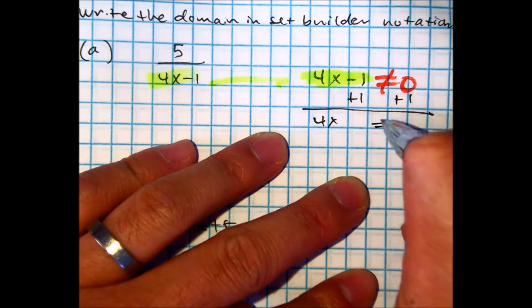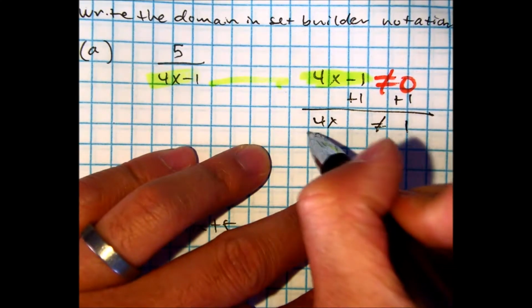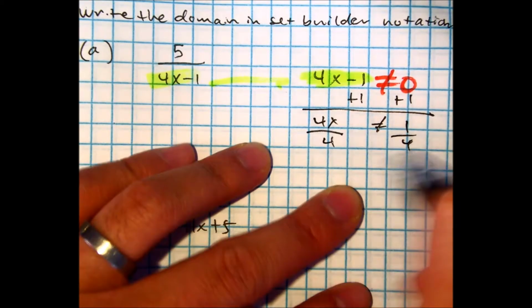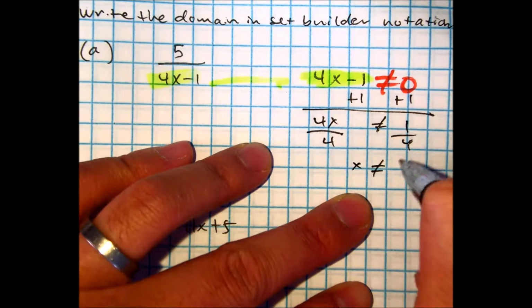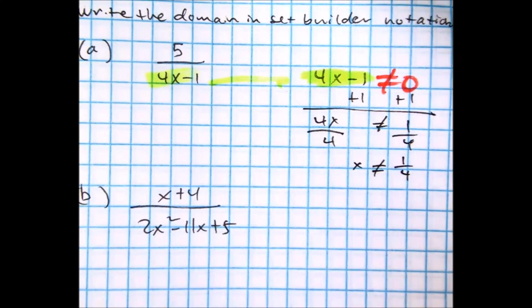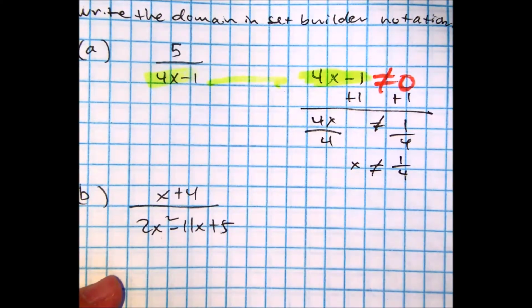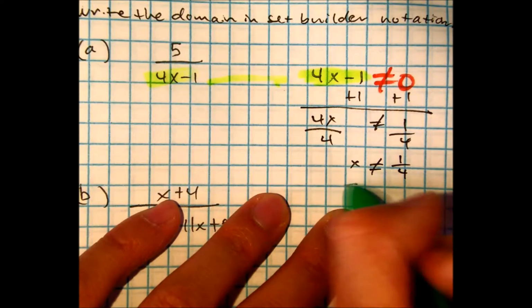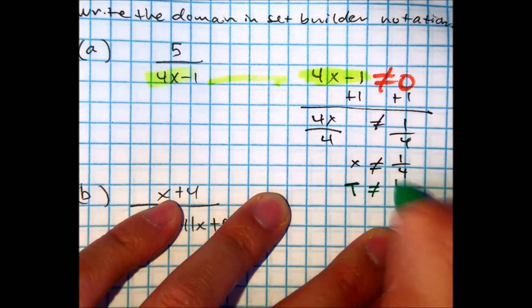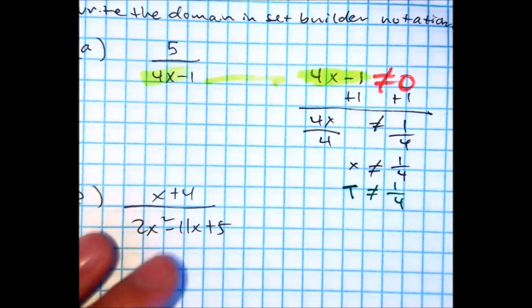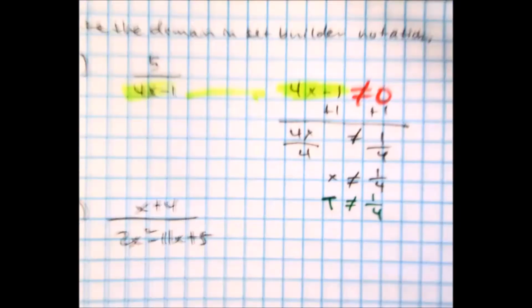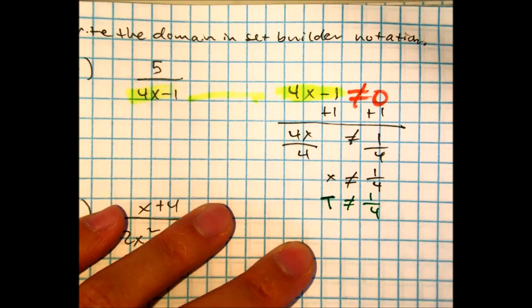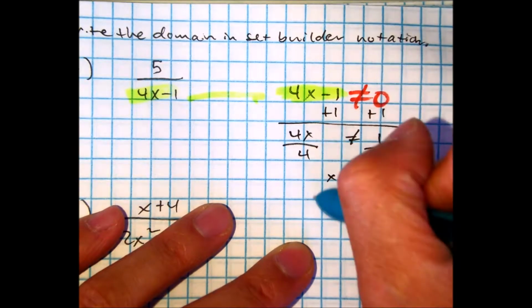4t is not equal to 1. And then we're going to divide by 4. T is not equal to 1/4. Or if you want to go back, just make your x t. Alright, what's set builder notation? Set builder notation is basically, you just put a bar right here.